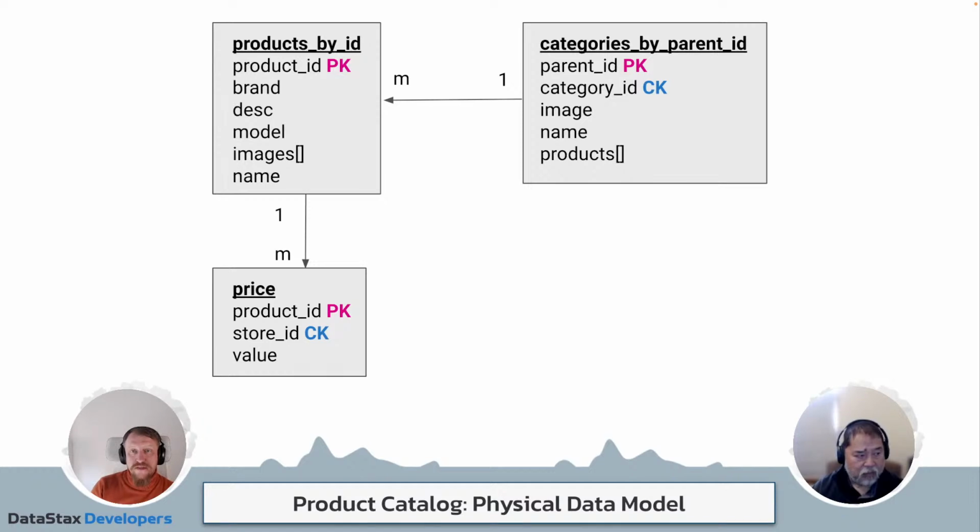Physical data model, and then we map it all together, leads us to a very simple situation. We will need to have products by ID. We will need to have categories by parent ID with products embedded into that. And we have prices as a separate unit because price may vary on the time or price may vary on a particular location.